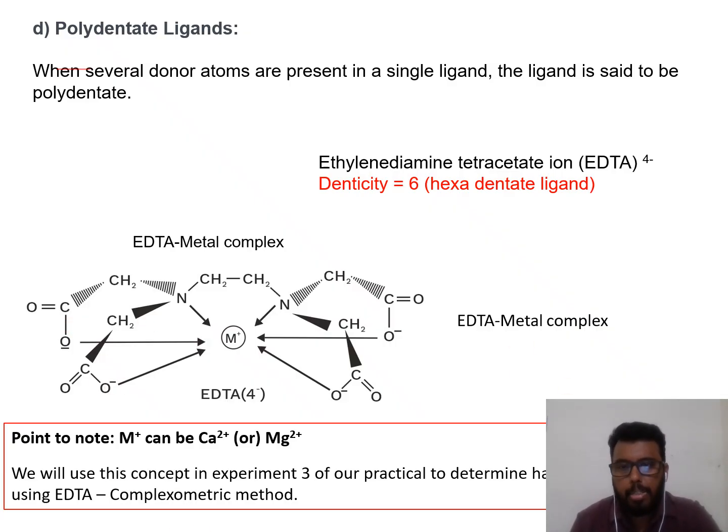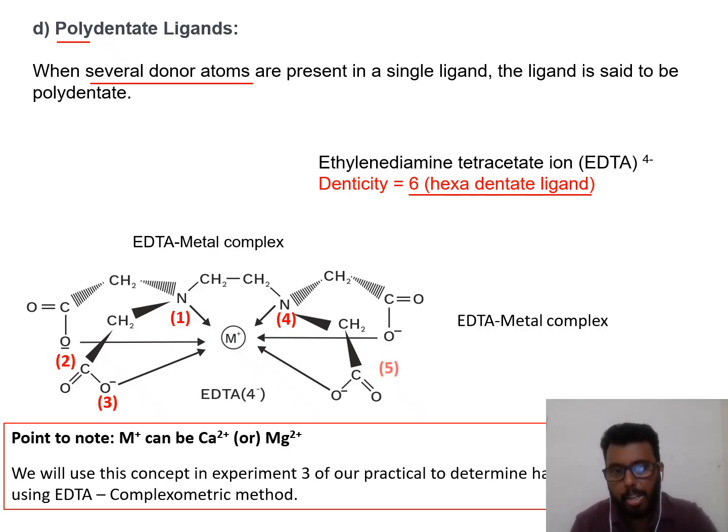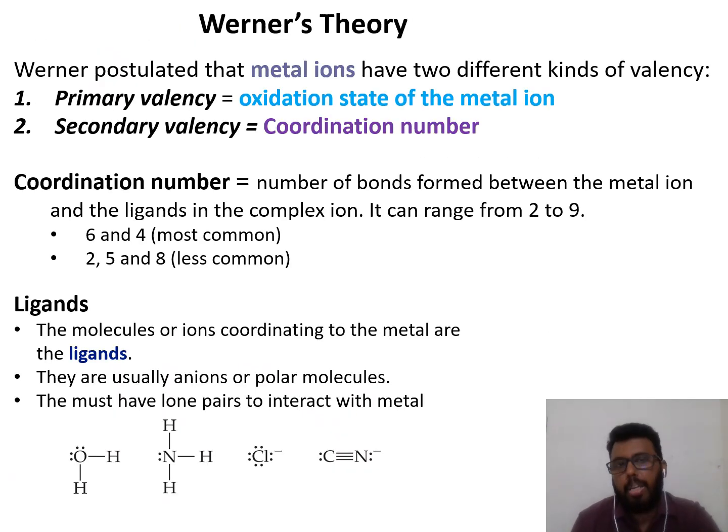So this is a hexadentate ligand, and I have numbered the donor atoms so that you can understand. We have already seen that nitrogen and oxygen are donor atoms. From the acetate part, oxygen will be donating, and from the nitrogen terminal, nitrogen will be donating.